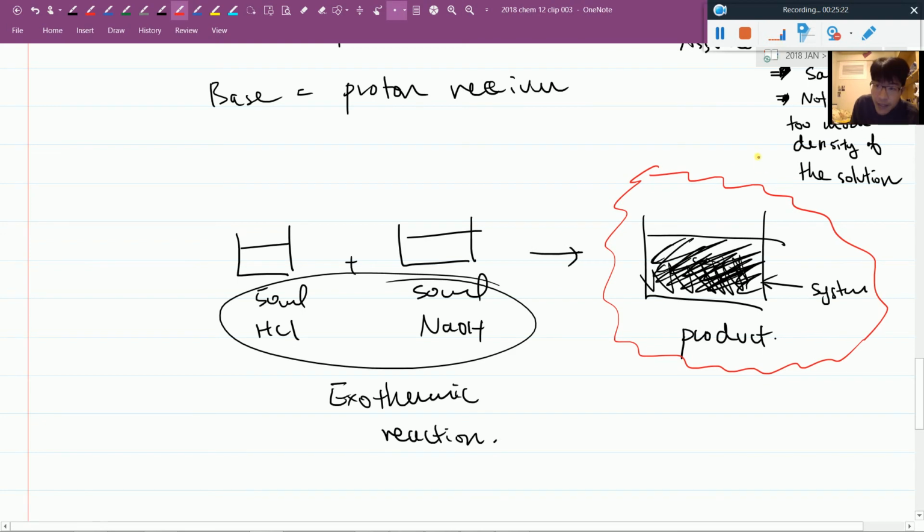Generally, we could check the temperature of the surrounding, and wait for the heat leaving from the system into the surrounding. Then we are able to measure the exothermic reaction, right?